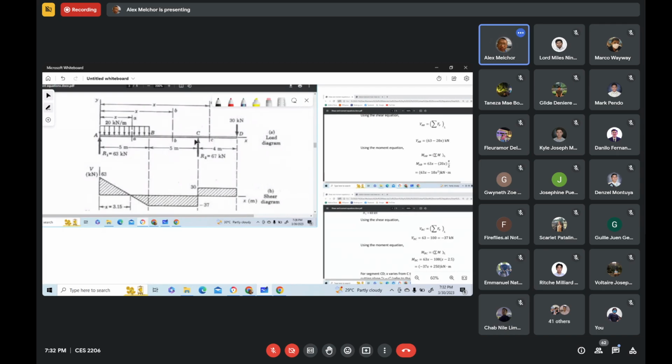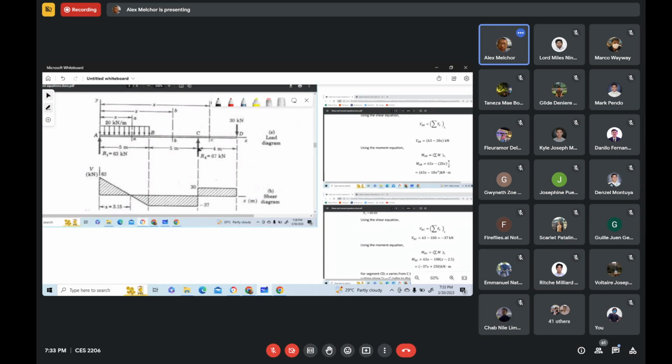Okay, so the shear considering an infinitesimal distance to the left of C, that is within segment BC. So we use the shear equation for segment BC. This is the shear equation for segment BC. So the shear at section C, therefore, considering an infinitesimal distance to the left, is negative 37. So we have here negative 37.